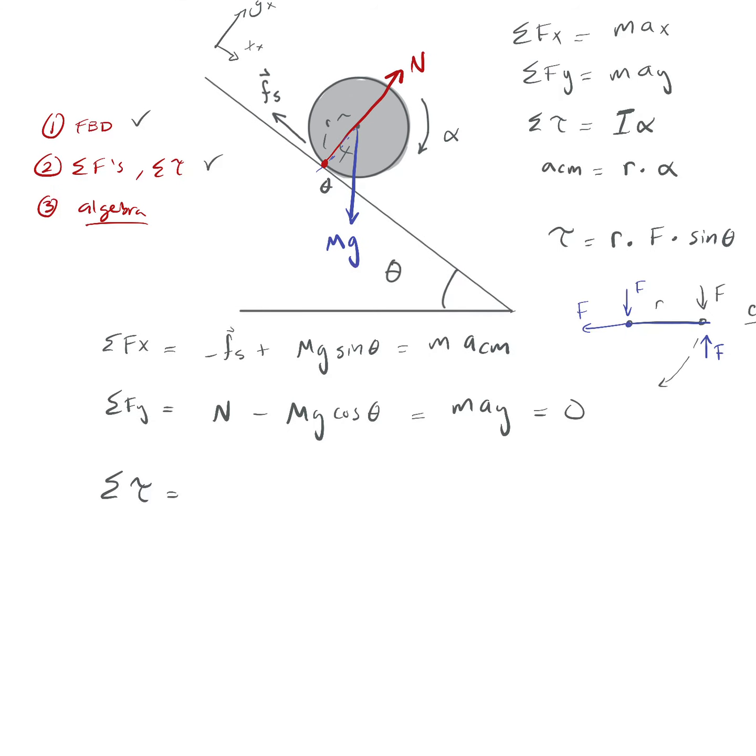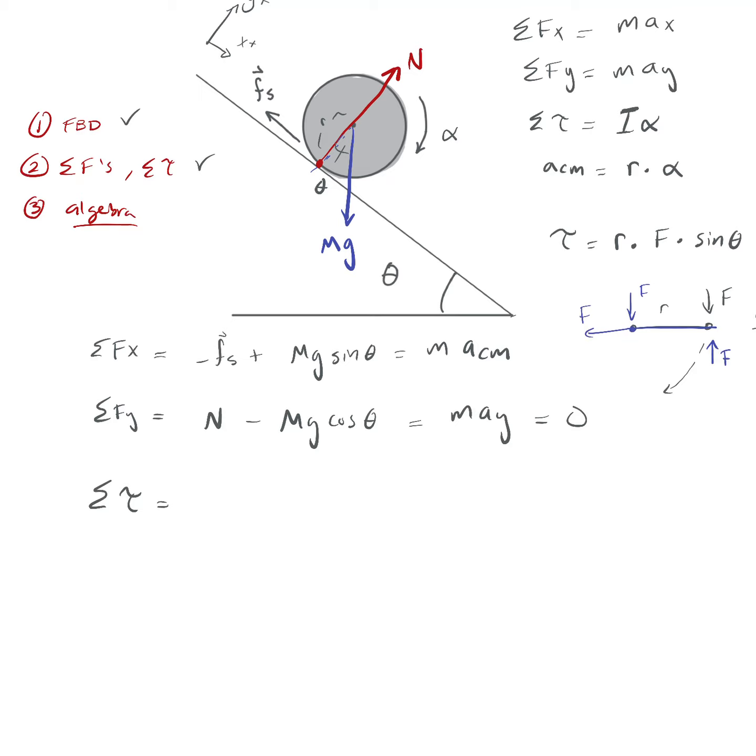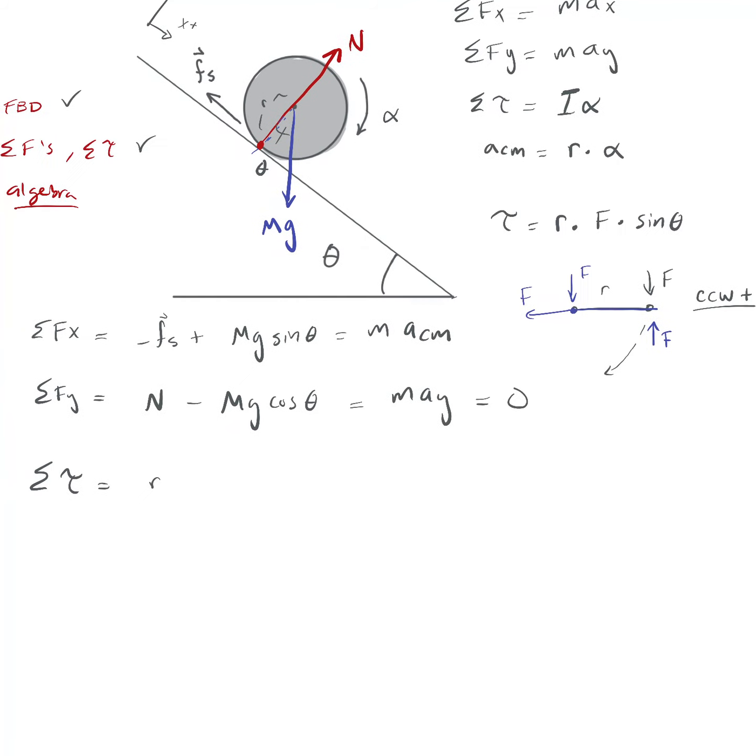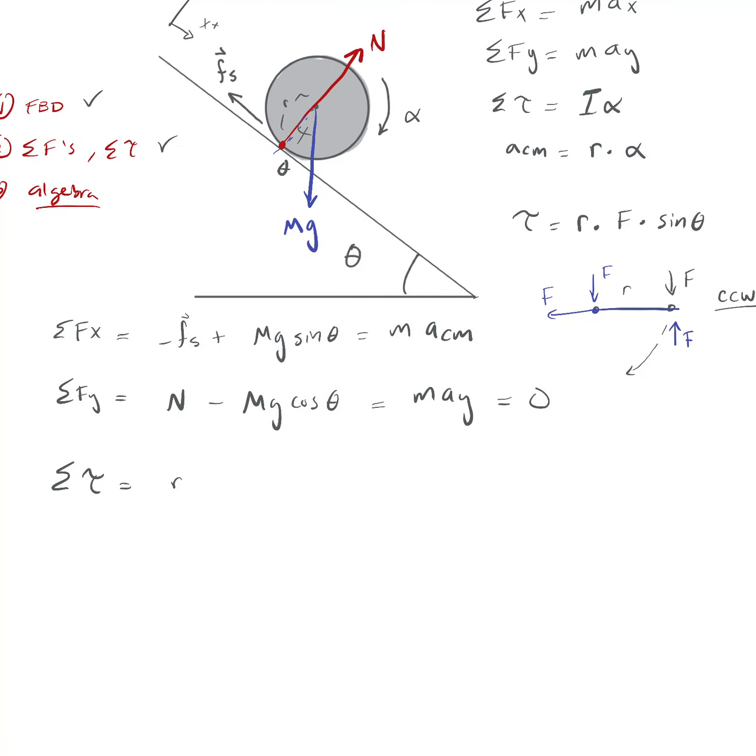Okay, so if we look at our weight, it's acting through the center of mass. So my radius, it's not any distance away. I'll write out the equation for what it would look like. So it would be radius times mg sine of theta. I'm going to model them all as positive right away, but then we're going to go back and look at what direction they would be.